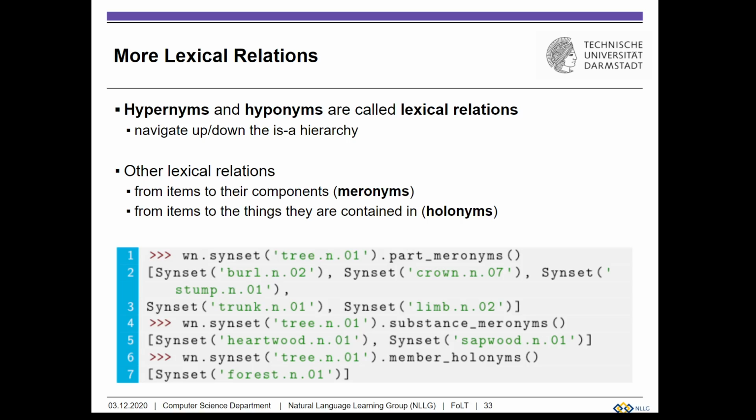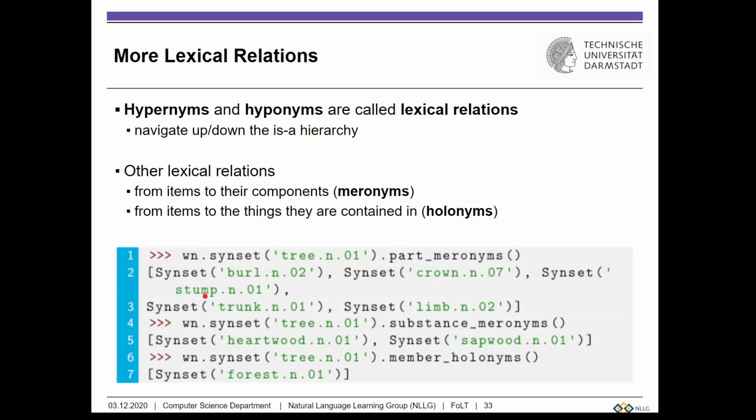To illustrate this by way of example, let's check the synset for tree, and we check the meronyms, and we can even further specialize the part meronyms. So we get all the words that are component parts of a tree, and this is, for example, burl, crown, or stump.